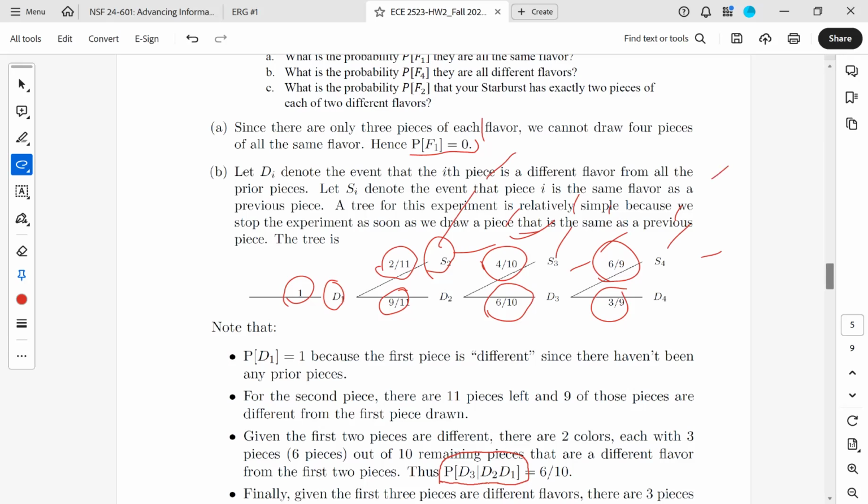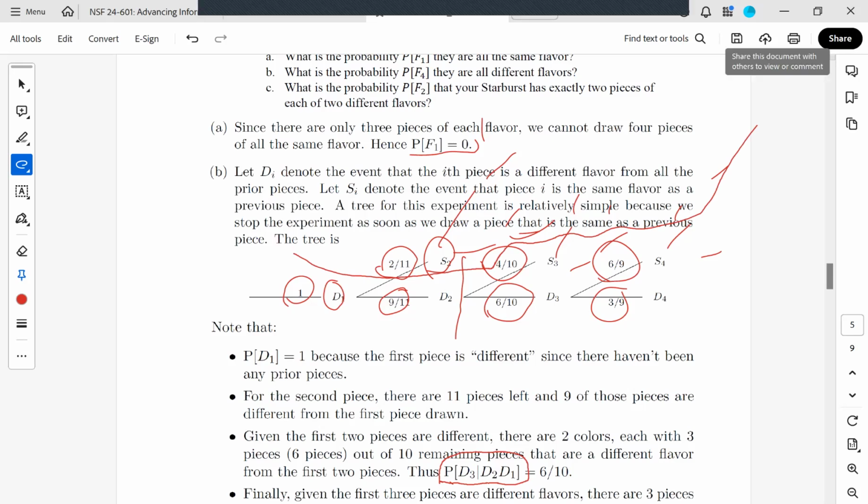When we talk about conditional probability, look at what it did to our probabilities. When we are here and we're considering that D1 and D2 happened, we basically eliminate all the elements that branch out in our universe from S2.